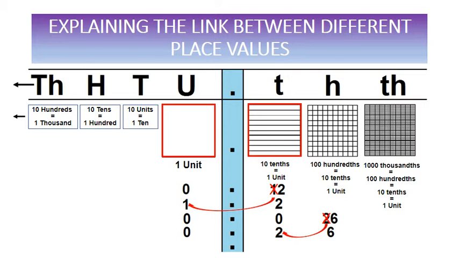The reason being that 20 hundredths is the same as 2 tenths. Then looking at our last example, this is a whole number. Here we have 10. Again, I've got 2 digits in the same column, which I can't have. So I take the 1 and I move it to the next column to the left, which is my tens column. So 10, the way we write 10 is 1 in the tens column and a 0 in the units column.